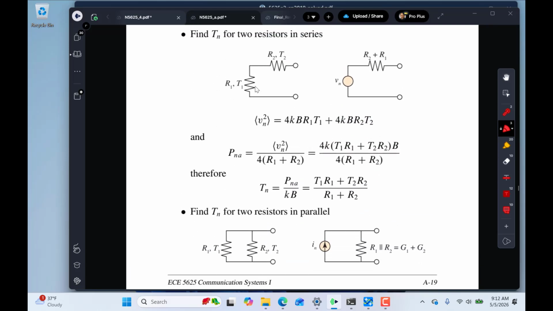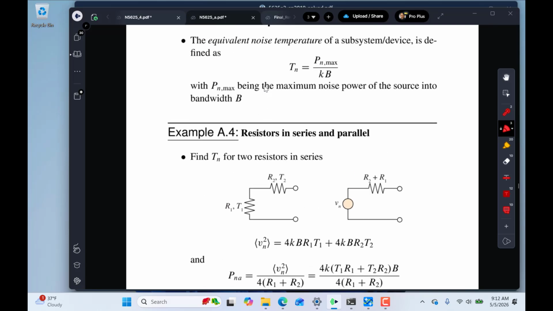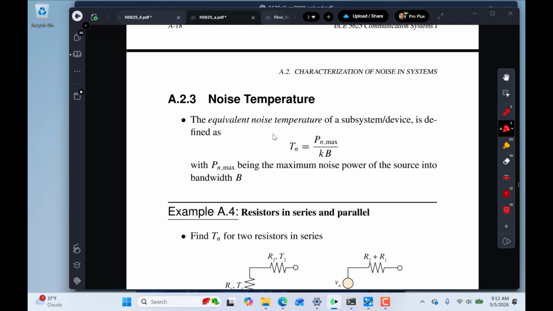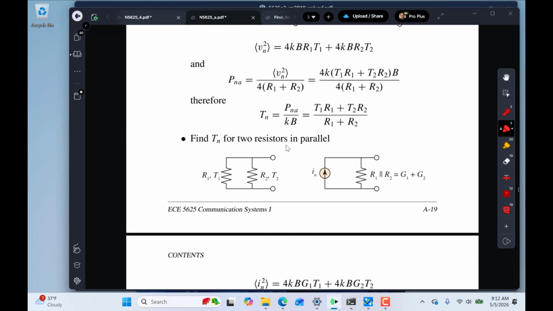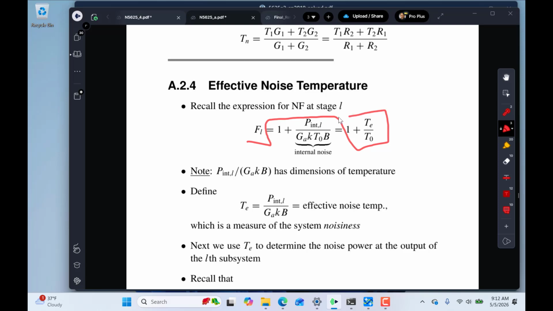This section of the notes is not probably my favorite section to go through and say how we can play around with noise temperatures, but this equation over here is what we're going to come back and use. So I'm just going to move on to effective noise temperature. Effective noise temperature ends up being, this is the most important takeaway right here, that noise figure and effective noise temperature are related by this.